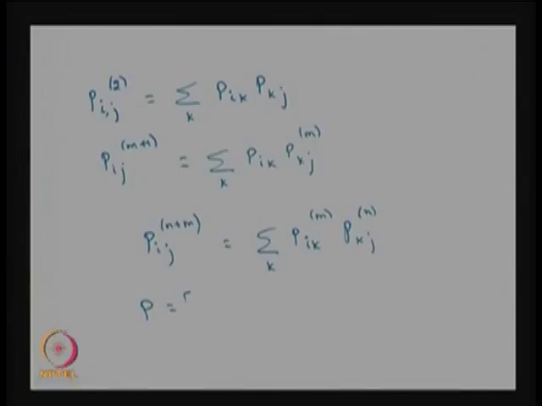In the matrix form, you can write capital P as the matrix which consists of the elements of the one step transition probabilities. In that case, if you make m equal to 1 and n equal to 1, then the matrix P superscript (2), that is the matrix form of the two step transition probability, is nothing but P into P, and that is going to be P square.